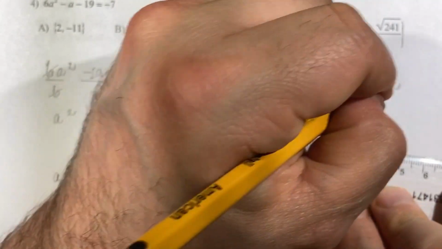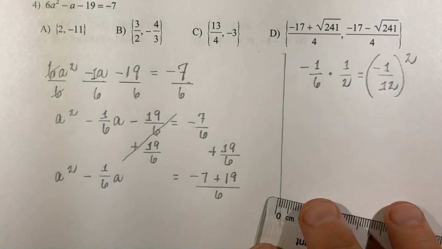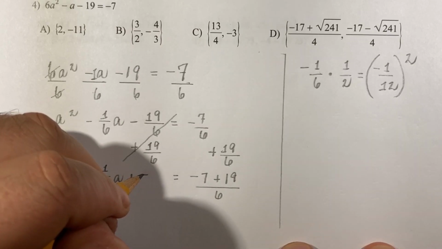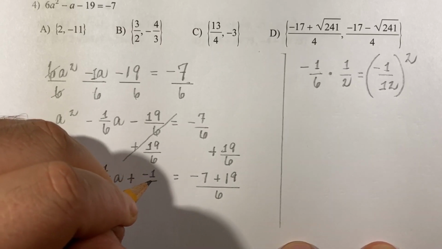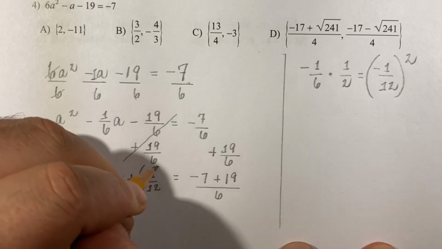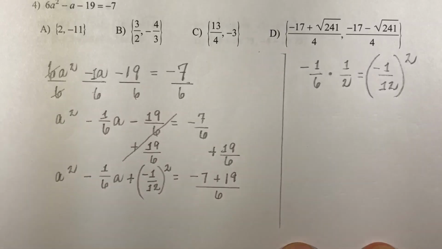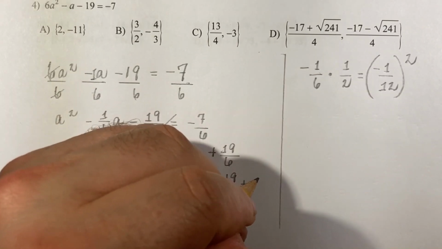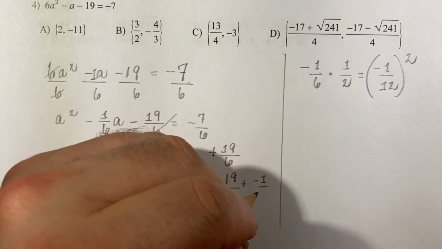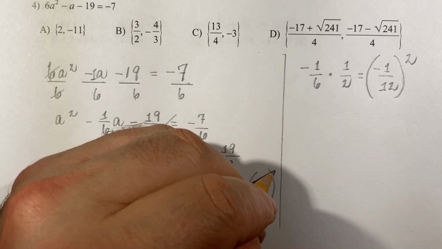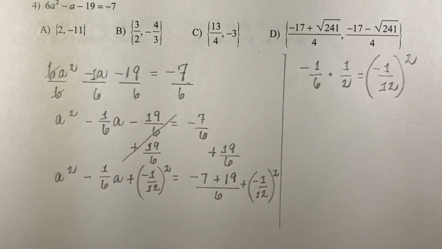And remember, we're going to square that and add it to both sides of the equation. So we're going to put plus negative 1 over 12 squared, and plus negative 1 over 12 squared on the left and on the right.